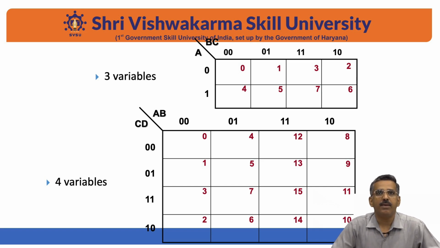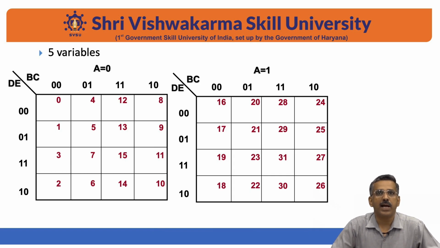Now similarly, we can have the Karnaugh map table for 5 variables, which can be represented like this. In this condition, we take A equal to 0 at one point, in which the other 4 variables B, C, D, E are considered separately, and when A is equal to 1, we consider the other 4 variables at the second point, as shown in this table.